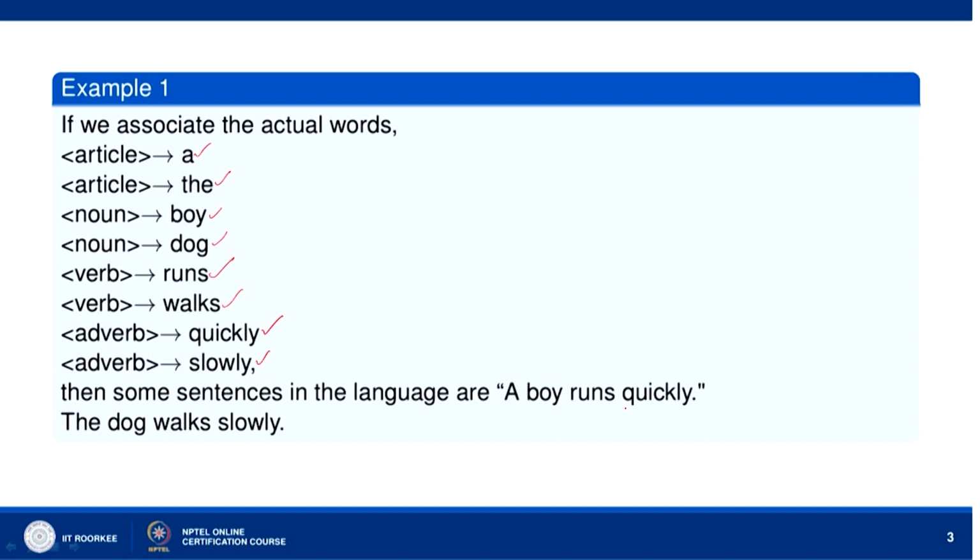So, here in the sentence a boy runs quickly, A is the article, boy is the noun, runs is the verb and quickly is the adverb. So, this sentence is made up of an article, noun, verb, adverb. Similarly, in the second sentence, the dog walks slowly, the is an article, dog is a noun, walks is a verb and slowly is the adverb.